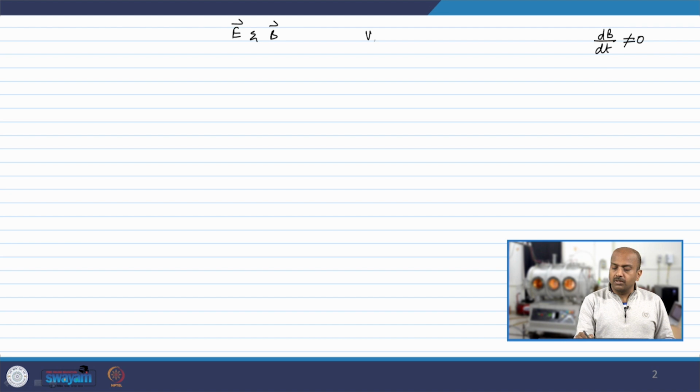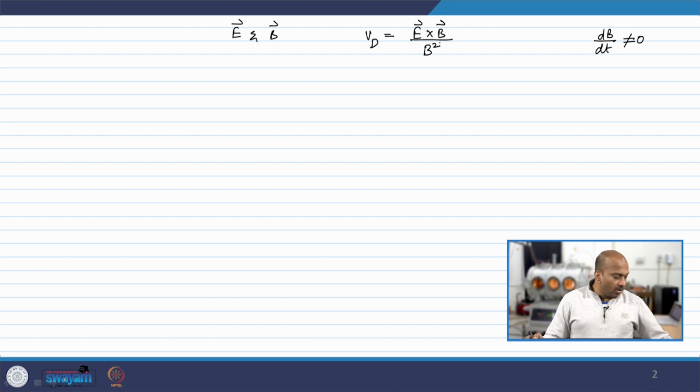We have derived the expression for the drift velocity in this case, which is E cross B by B square. So, this is the expression for the E cross B drift. If you look at this expression, there are a few outcomes.